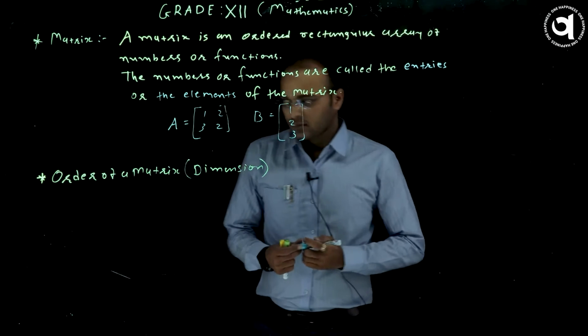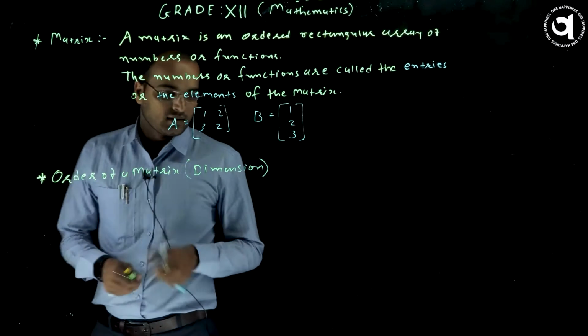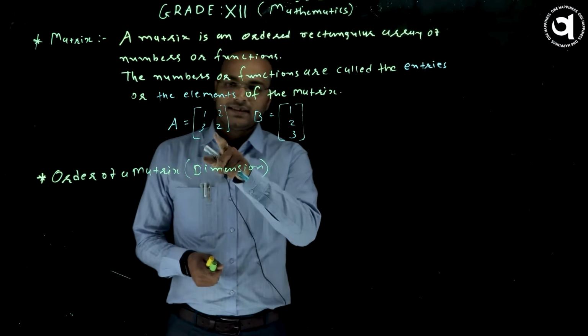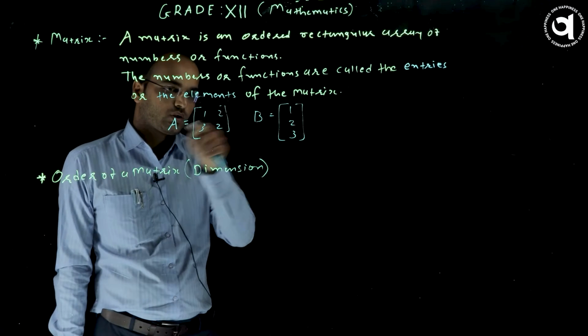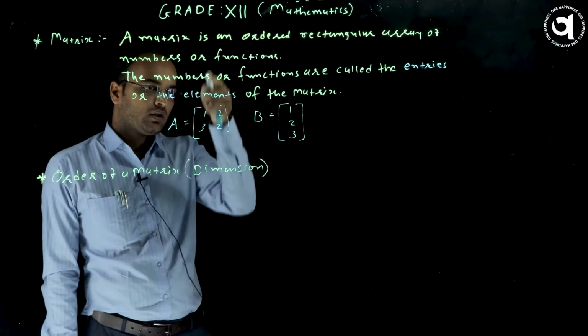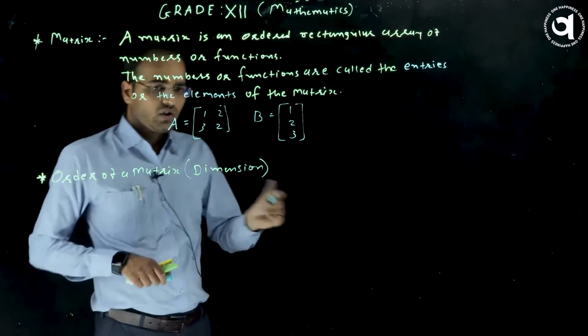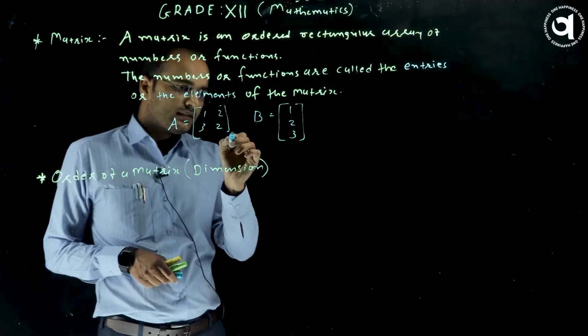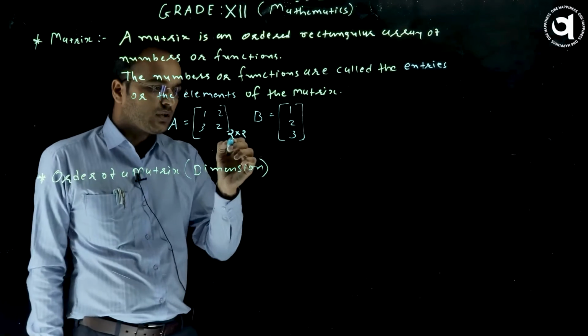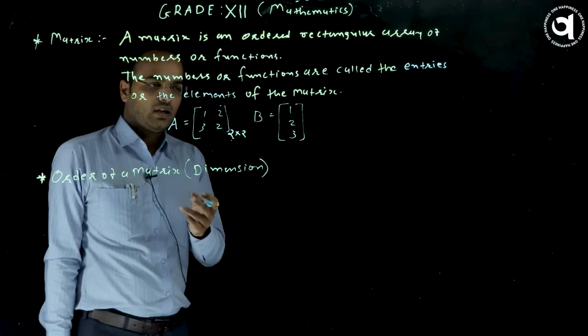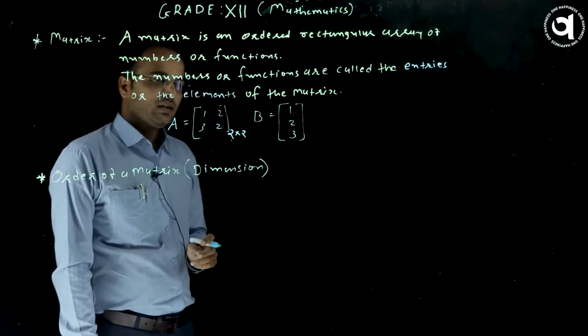Now the next term is the order of a matrix. Look at this example here. In this matrix there are 2 rows, first row and second row, and 2 columns, first column and second column. So we indicate this matrix as a 2 cross 2 matrix. That means the first number indicates the number of rows and the second number indicates the number of columns.